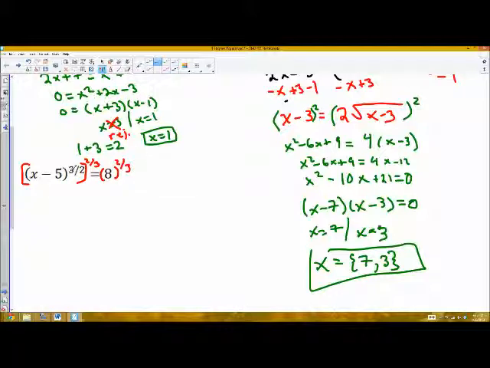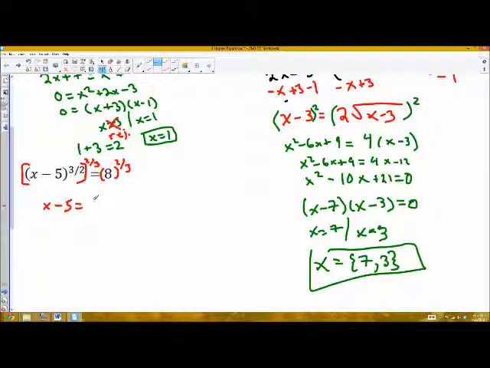Well, x minus 5 to the 3/2, to the 2/3, I would multiply these two exponents, because exponents raised to exponents you multiply. 3 divided by 3 is 1, 2 divided by 2 is 1, so this whole left-hand side just becomes x minus 5 equals 8 to the 2/3. Well, recall that fractional exponents are roots, so 8 to the 1/3 power is the cube root of 8, which is 2.